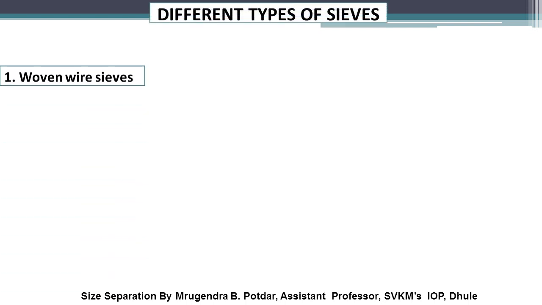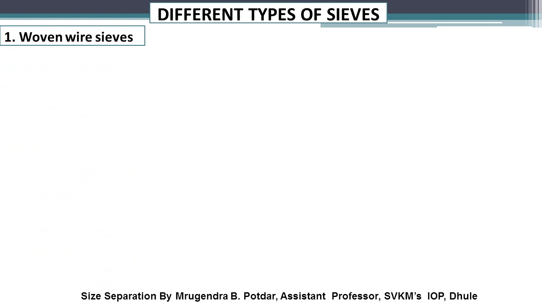Different types of sieves. There are four types of sieves: woven wire sieves, bolting cloth sieves, bar screens, and punch plates. The primary consideration of sieves is the size and shape of aperture openings. The square meshes are arranged as per the specification.